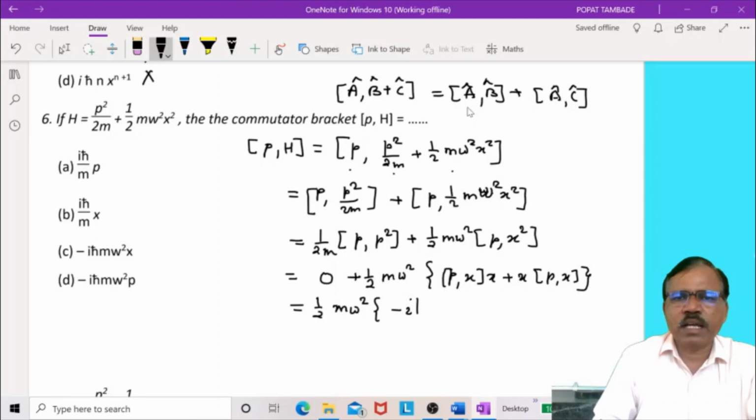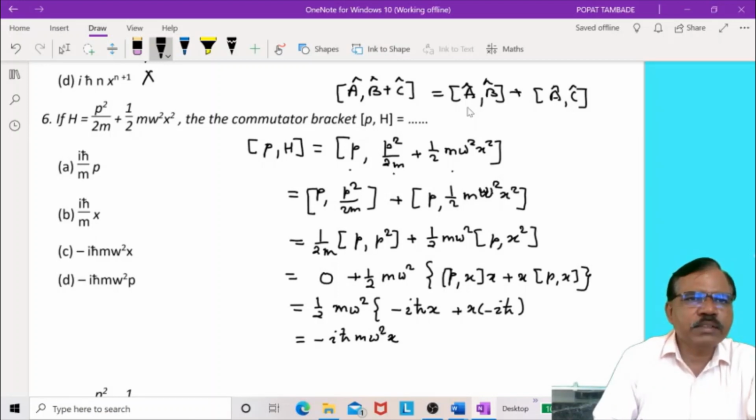So minus iħ x plus x into minus iħ. So we get here 2 times minus iħ x. The 2 will get cancelled. So we will get here minus iħ m omega squared x.